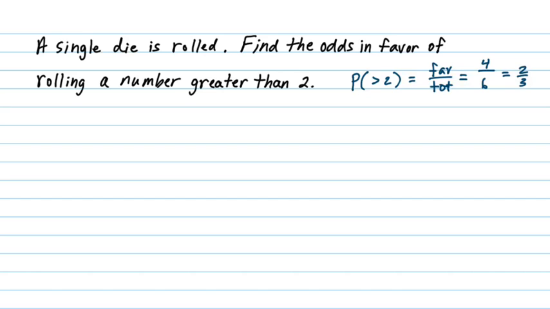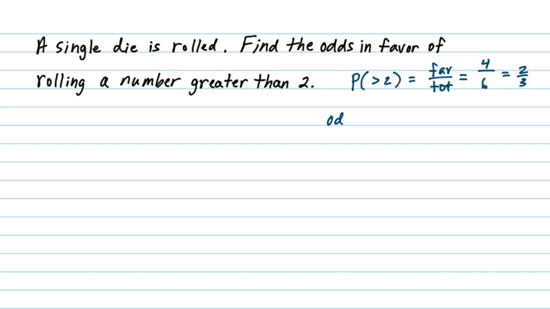Now, odds is another way to measure uncertainty. It's another way that we do probability, but it's done a little bit differently.